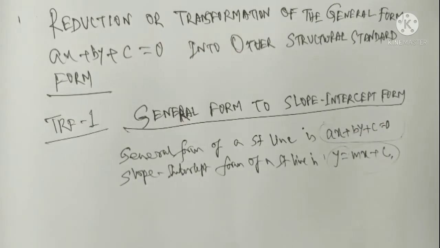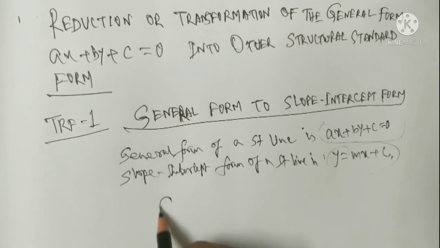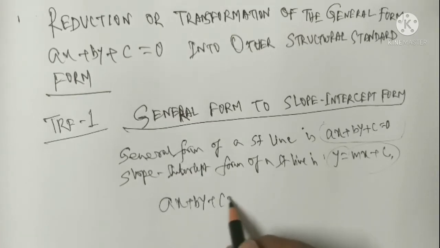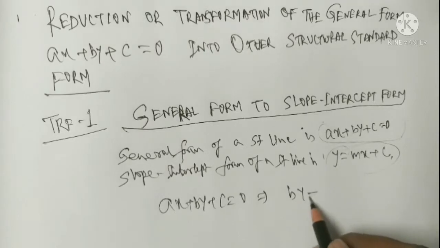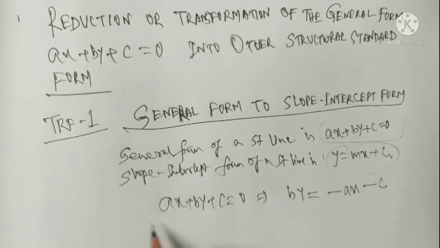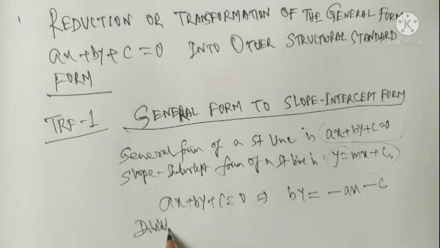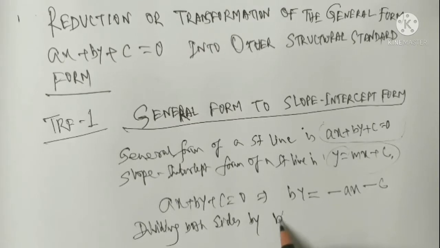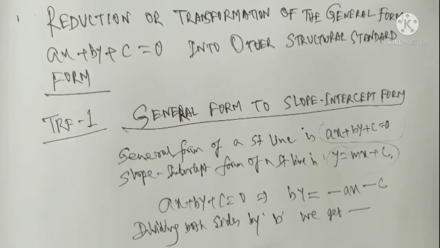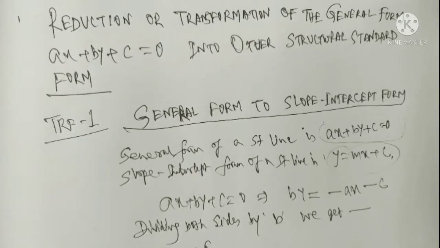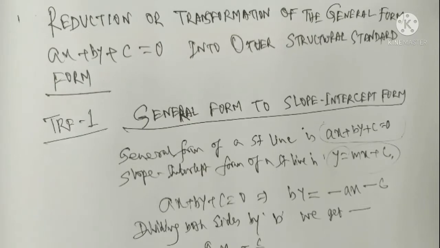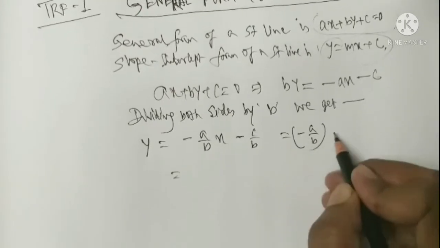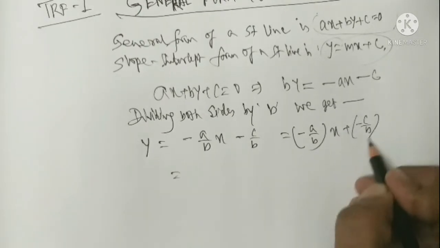That is, now we are arranging the general equation ax plus by plus c equals to 0, that is by equals to minus ax minus c, dividing both sides by b, we get y equals to minus a by b x minus c by b. That is minus a by b x plus minus c by b.